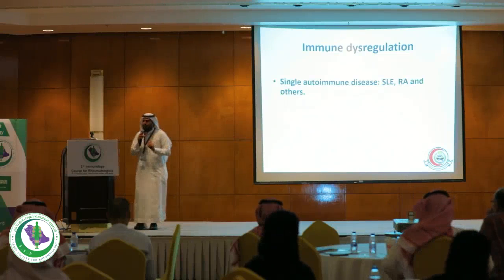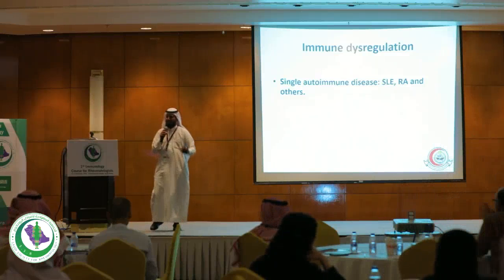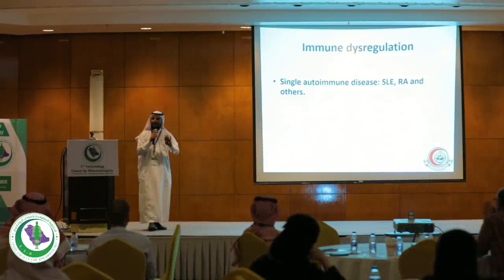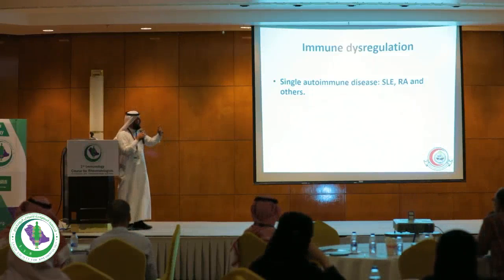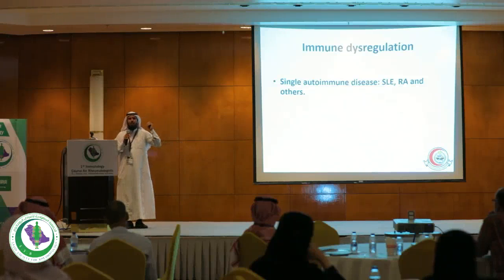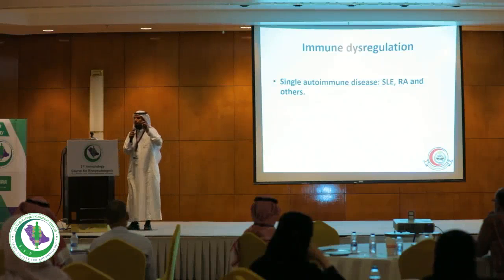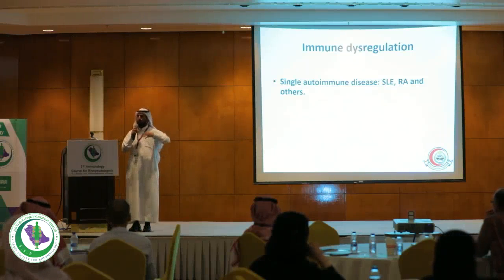So if you see your patient and you say, okay, my patient has clear autoimmunity and immune dysregulation, am I dealing with a single disease? Is it typical for SLE? Is it typical for rheumatoid arthritis? Is it typical for others? About our patient, he has some rheumatologic disease, but what about diabetes? What about celiac? What about Crohn's?